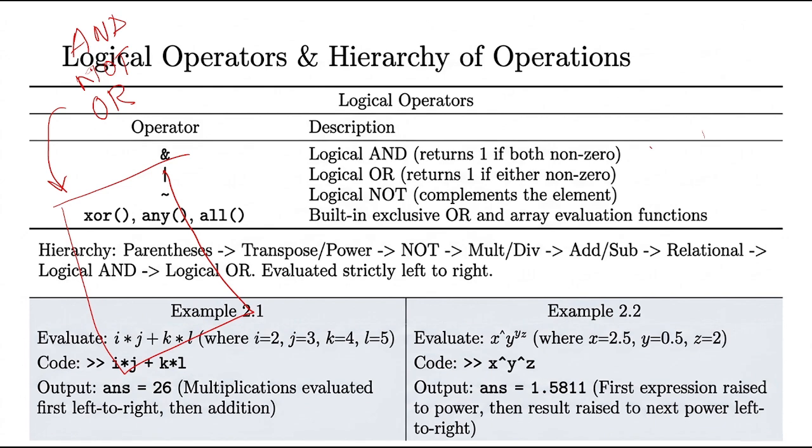Good, 26. Okay. So we are done with the basic operations, multiplication and plus. Then we will be going for example 2.2.